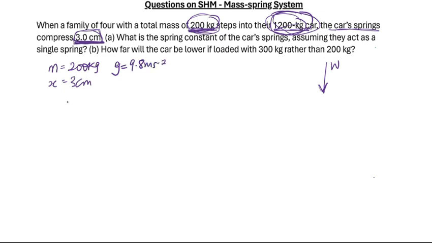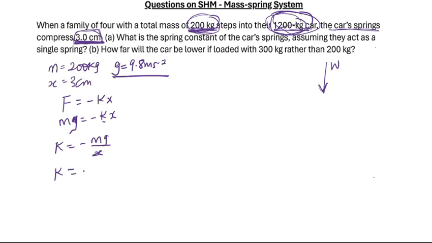So we know that force is equal to negative kx, and we know that your force is ma equals negative kx. For this acceleration, we said it is acceleration due to gravity. So that is mg equals negative kx. Then we can now plug in our question. Okay, we are looking for our spring constant, so we can say our k is equal to negative mg over x.